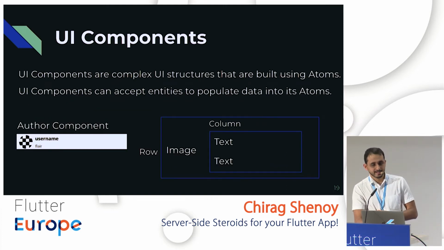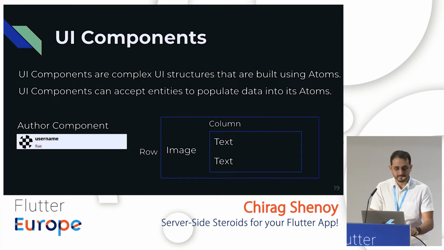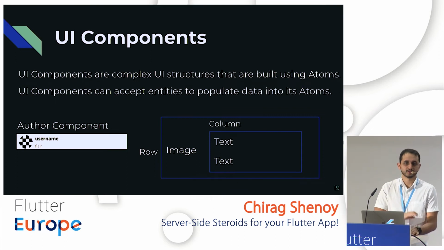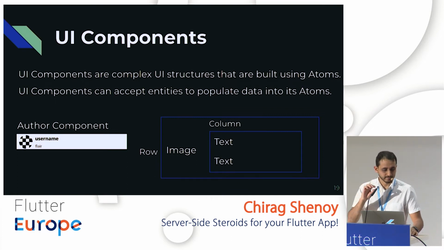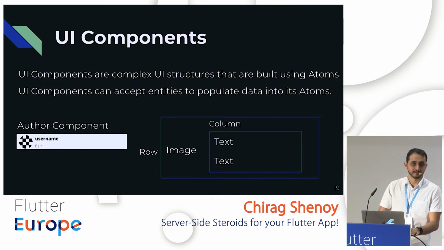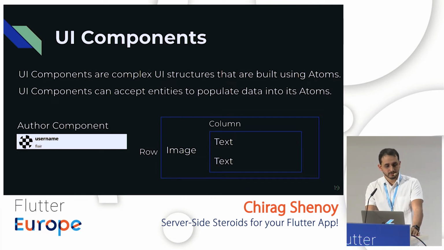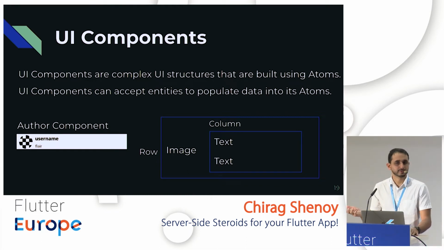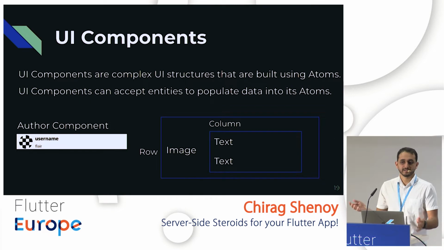If you remember the example which I showed you, in the post you saw at the top there was an author section. An author component can be built using smaller atoms. You can think of multiple atoms being combined to make a bigger entity, and that entity we call a UI component.